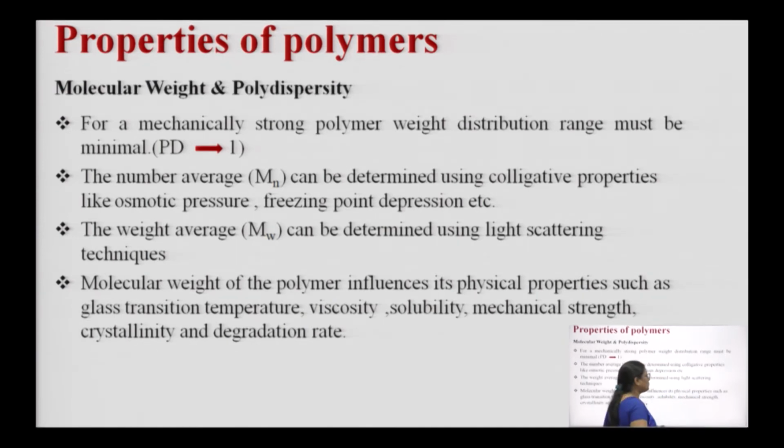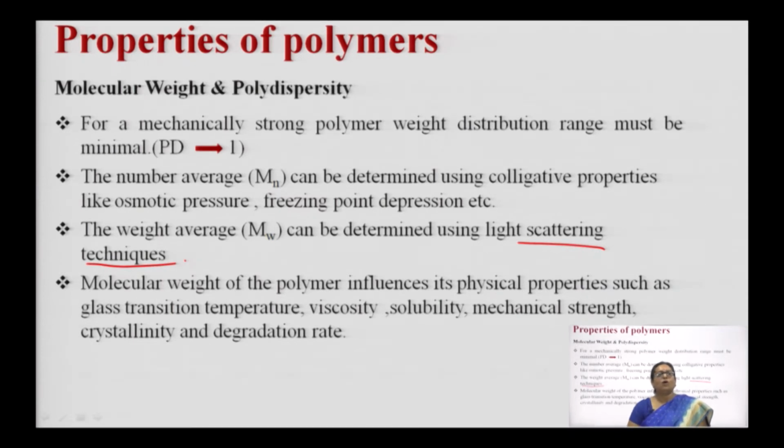Colligative properties are those properties which depend upon the number of molecules, like osmotic pressure, freezing point depression, etc. So, by making use of colligative properties, we can determine the number average, whereas the weight average of the polymers can be determined using light scattering techniques. So, by these techniques we can determine the number average and weight average, and from these two averages we can calculate the polydispersity index.